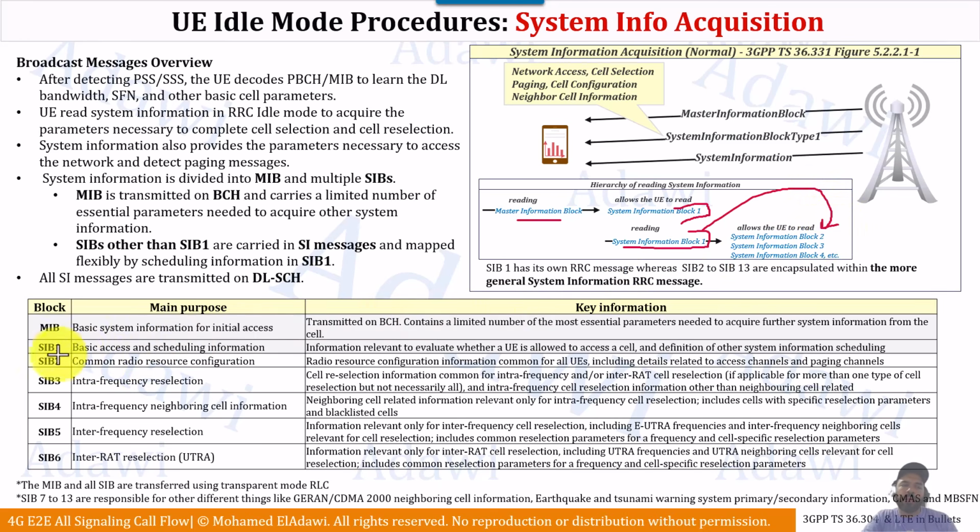And this is our main discussion today, the second one here, which mainly contains the common radio resource configuration, including RACH and relevant parameters. Now let's jump to the content of the parameters, giving a high-level introduction, then jumping into each and every single parameter description.